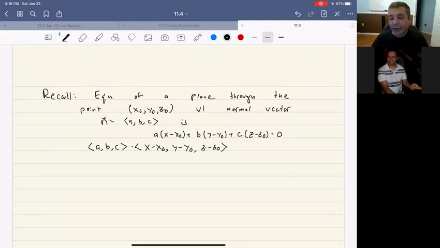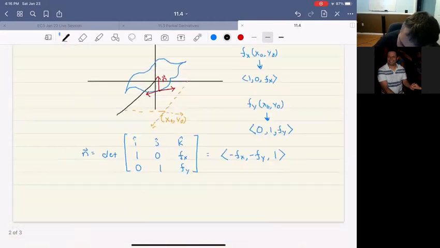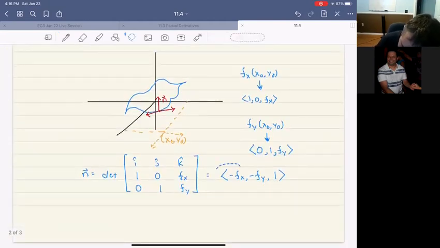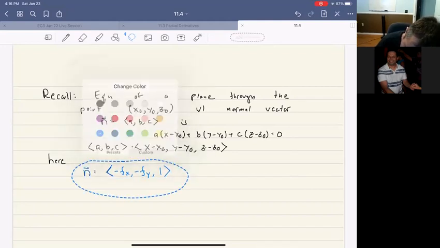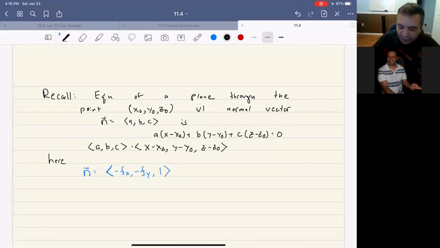Okay, so we're going to do that with this. So what's our normal vector? Well, here our normal vector is this thing. Our point x0, y0, z0 is x0, y0, f of x0, y0.